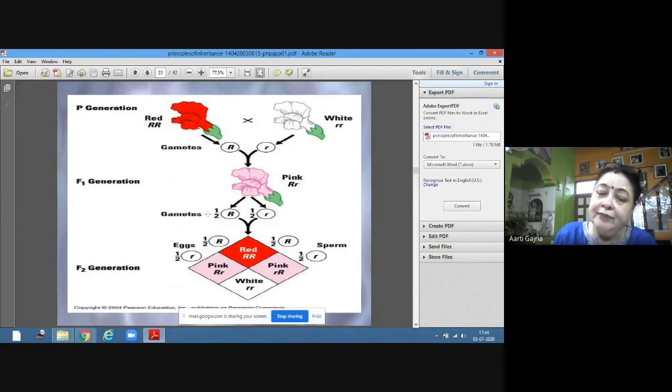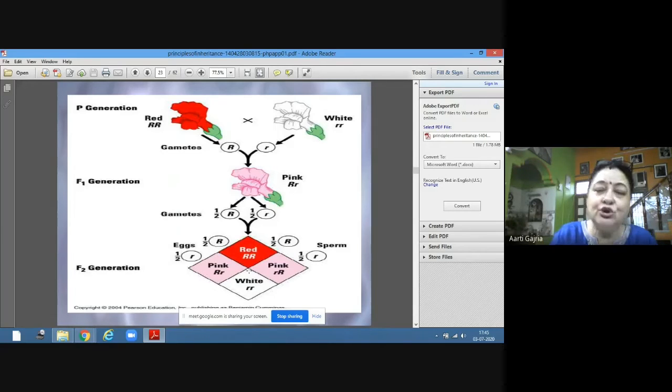Why? Because this is a 1:2:1 ratio, genotypically as well as phenotypically. So in case of incomplete dominance, the phenotypic ratio and genotypic ratio remain the same, which is not exactly what the Mendelian ratio was.